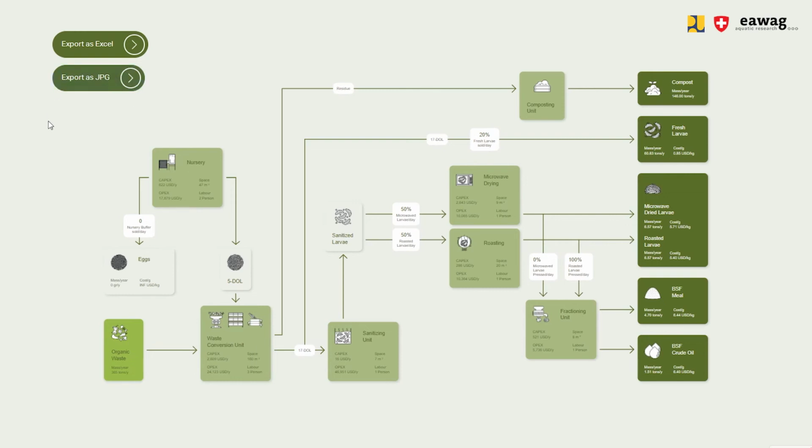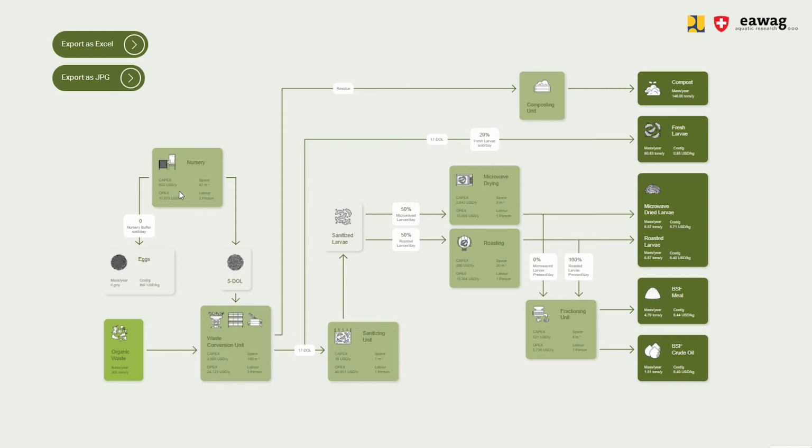The second button is the option to export this flowchart that you see in front of you as a JPEG file, so you can, for example, use it in a PowerPoint presentation to pitch to possible investors or to other interested parties. Now let's dig into the flow model.